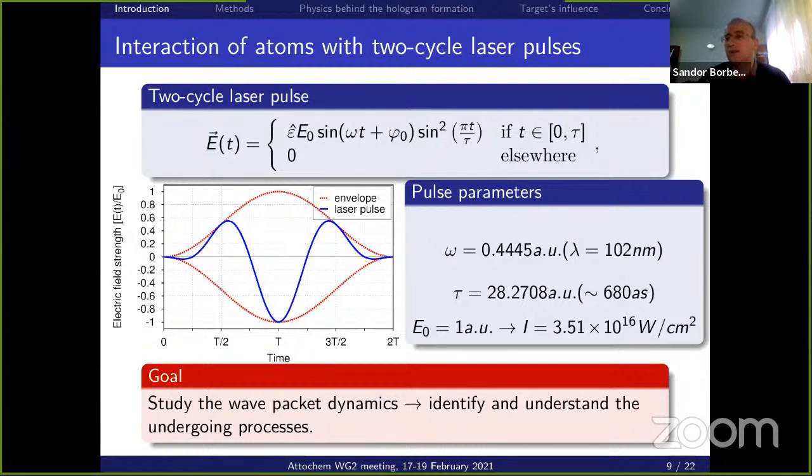You need to create a continuum electron wave packet which has a quiver motion, as in the three-step model. In order to have this holographic pattern after the scattering, you need a decent quiver amplitude, and also quite a broad wave packet in momentum space in order to have support for these interference patterns.